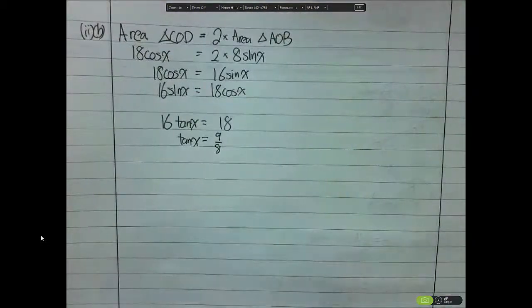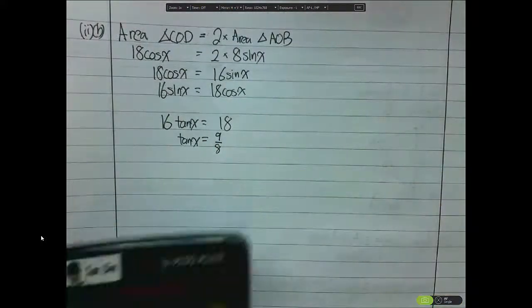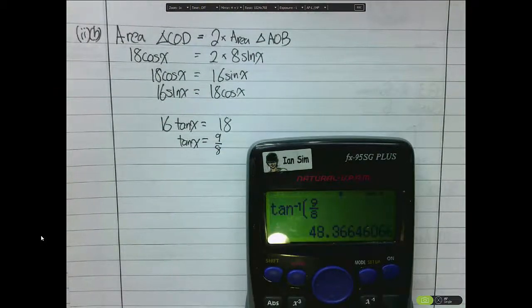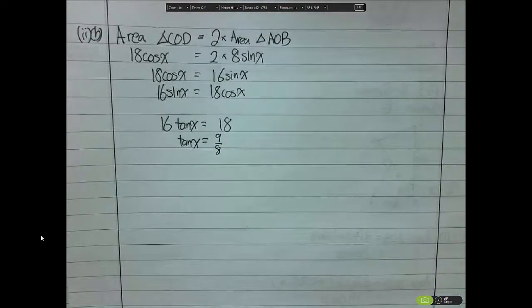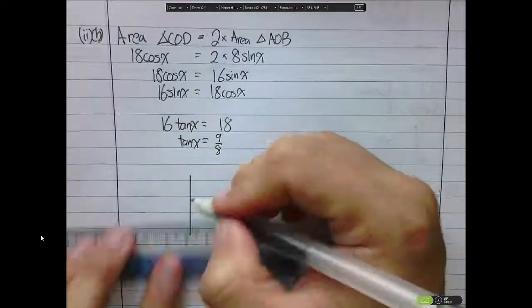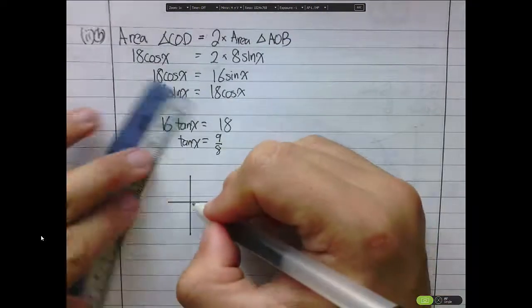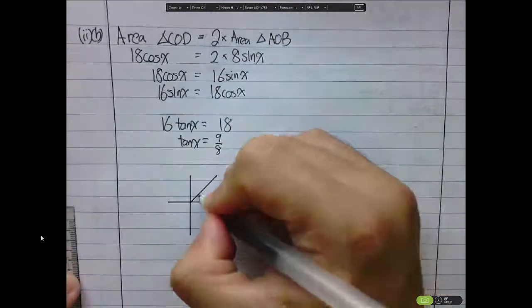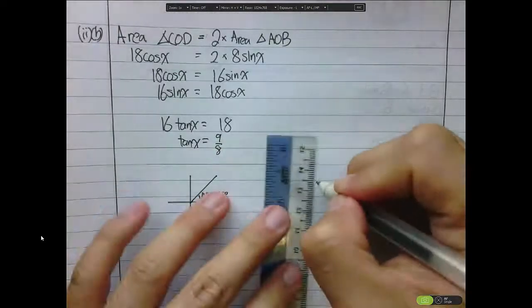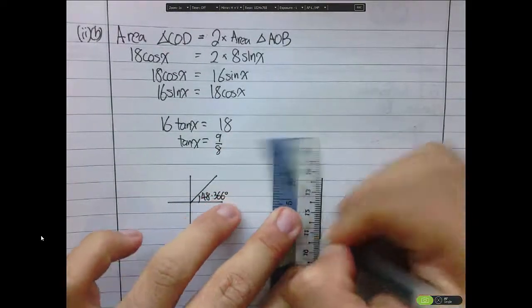So you solve quickly. Inverse tangent 9 over 8, we get 48.366 degrees. Tangent is positive, so it can be in the first quadrant, or in the third quadrant by AST.